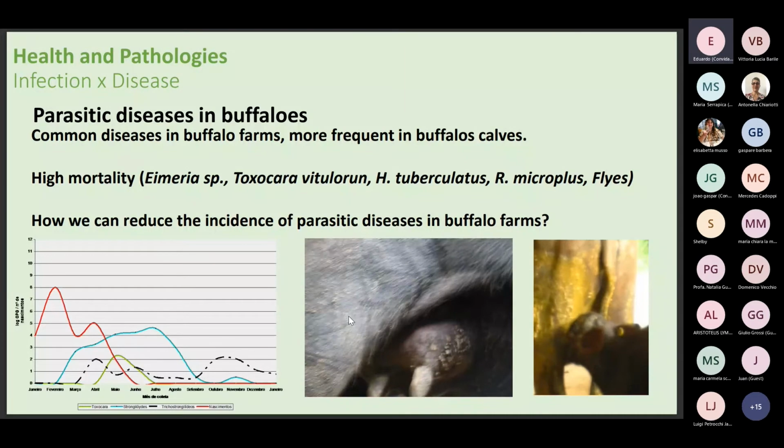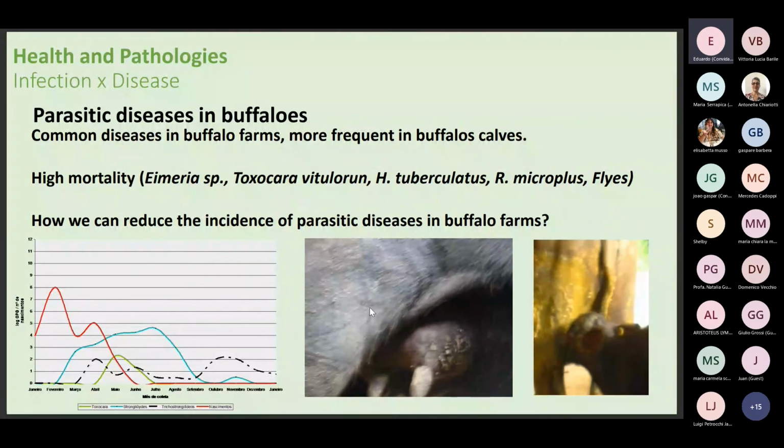Okay, so parasitic diseases are the most common diseases in all buffalo breeds. As you know, we have a lot of good scientific information about that. We can have worms, protozoa, and ectoparasites. So, for example, usually considering the age of the animals, we have infections with Toxocara vitulorum, Strongyloides papillosus, and other mites.